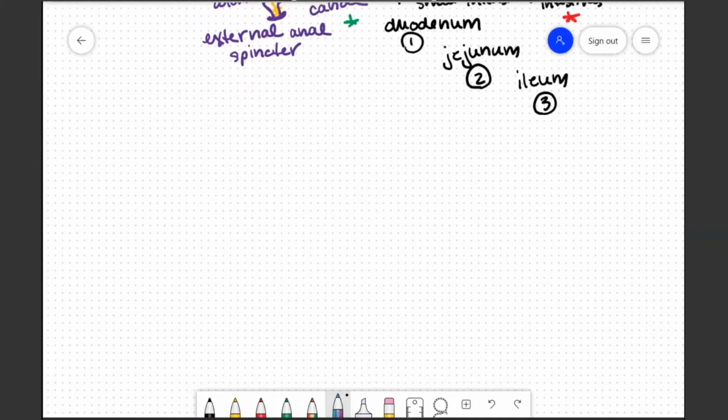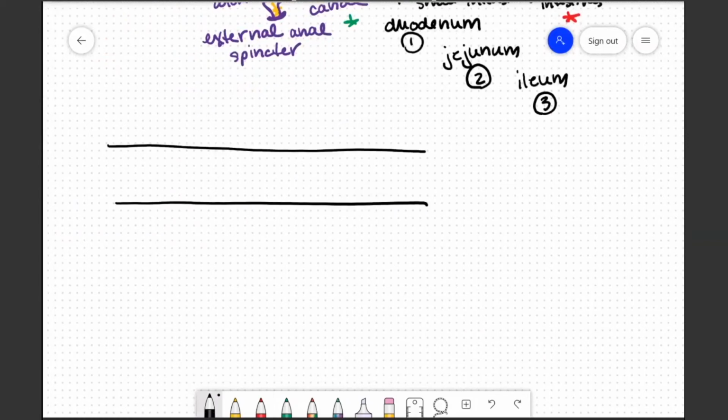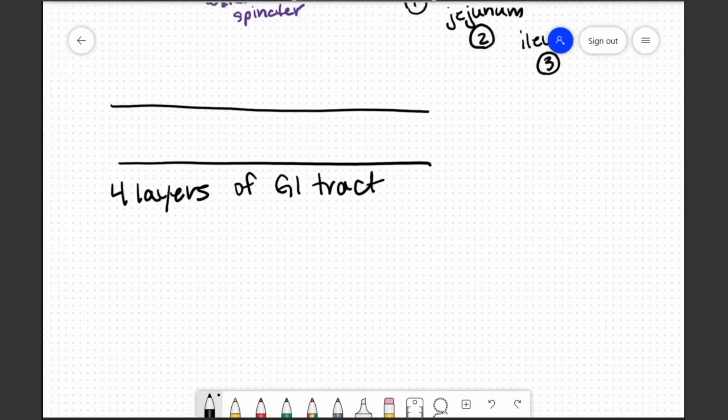And apparently I did the colors. So here's our hollow tube. The entirety of your hollow tube kind of follows the same 4 layers of your GI tract. Whether it be the stomach, whether it be the small intestines, whether it be your esophagus, they all kind of follow the same 4 general layers.